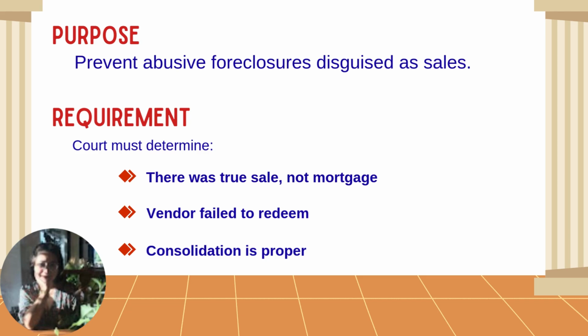So the vendee must first secure a judicial order, and this process requires that the vendor be duly heard in court, ensuring that the contract is proven to be a true sale, not an equitable mortgage, and preventing the abusive forfeiture of the property.